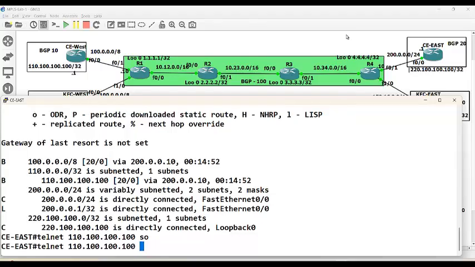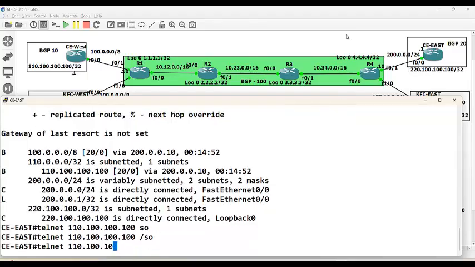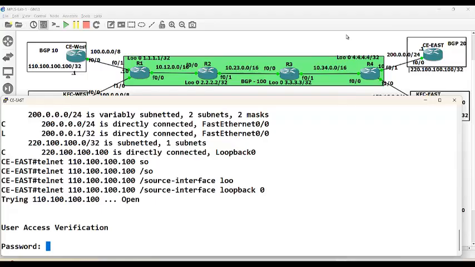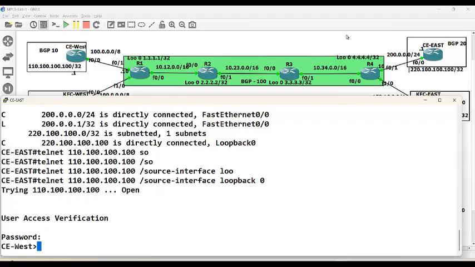Source loopback 0, because in BGP we did not advertise that physical interface. Okay, ABC. Look at this. From east, it goes to Burger King West only. It's not going to KFC. And when I put the same command in KFC, it will go only to KFC.